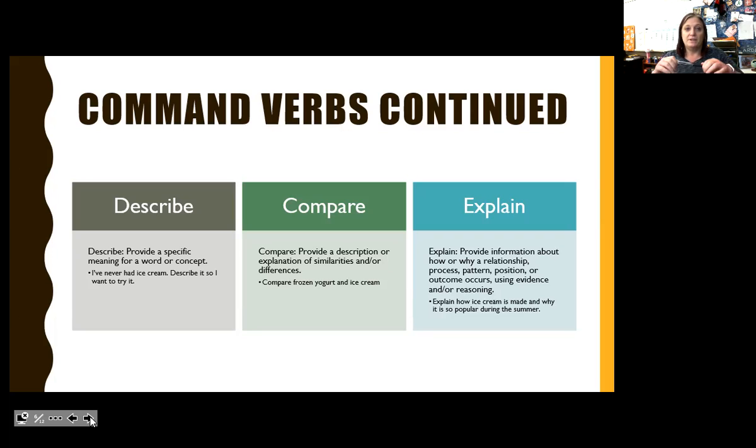Okay. The next step from that would be to explain. That is over here. Explain is going to go even further. It's going to tell me about relationships. It's going to tell about patterns, positioning, outcomes. It's going to tell me more. Okay. So take that description I have of my pencil. How could I expand that? Could I get more information?